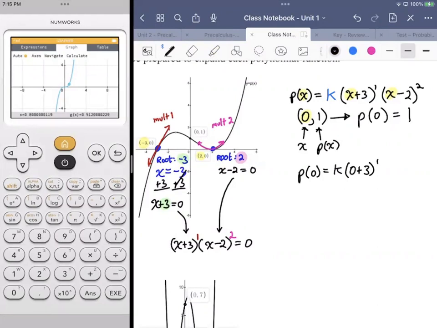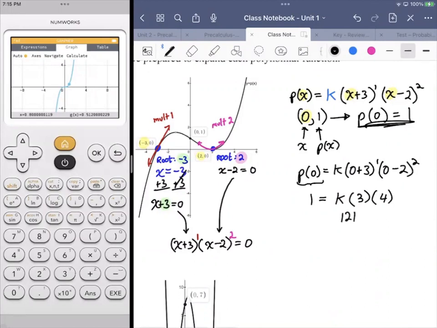You don't really need to write the first. 0 minus 2 to the second. And since I know that p of 0 is equal to 1, that's this right here, I now have the ability to figure out k. 0 plus 3 to the first power is 3. Negative 2 to the second is 4.